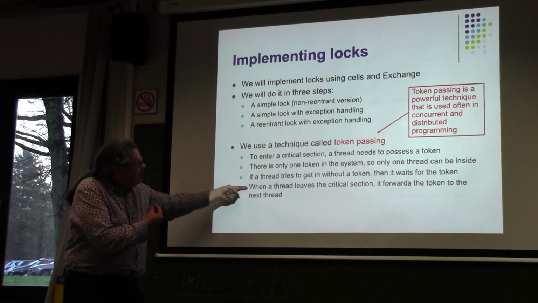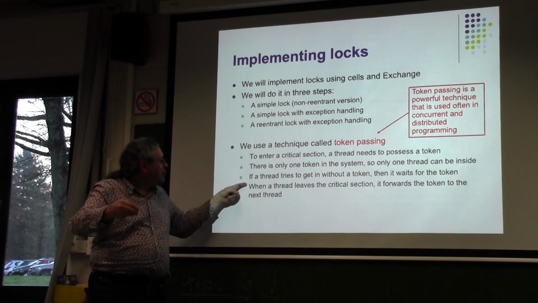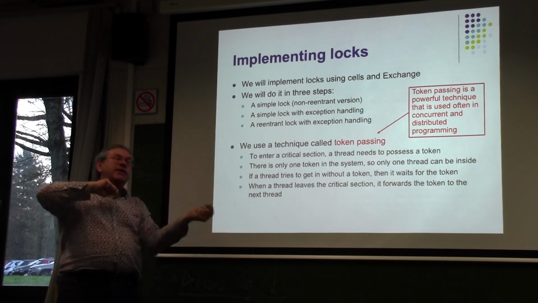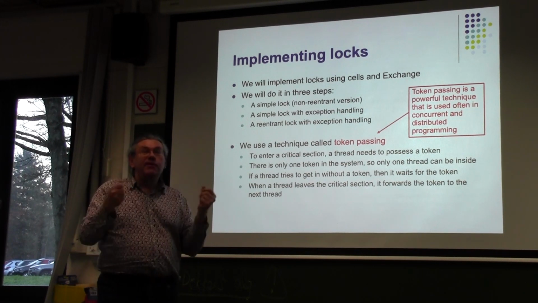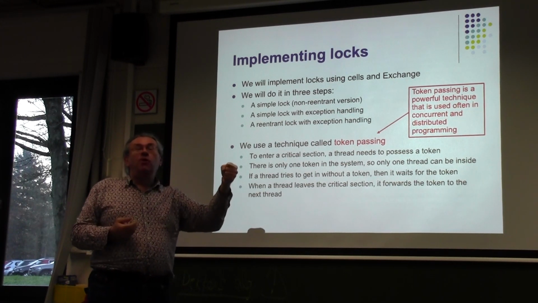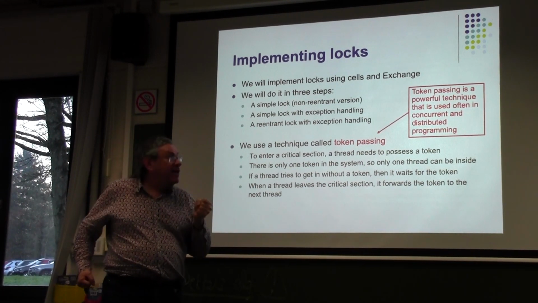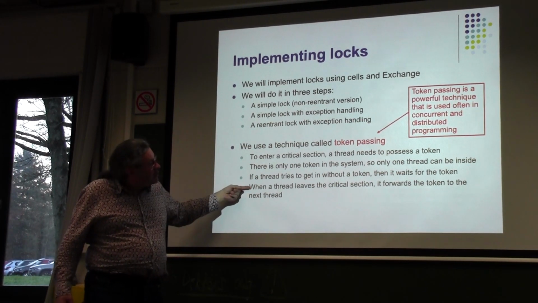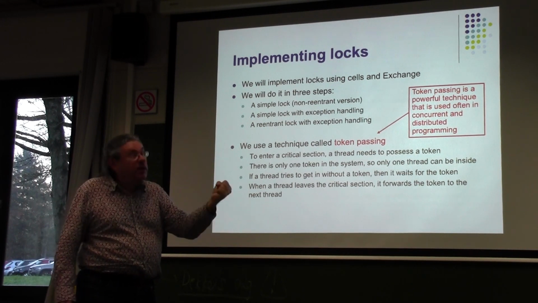And when a thread leaves the critical section, it will forward the token to the next thread that's waiting. So there's like a relay running course where you have a token, a baton, some kind of a stick, and I pass it to the next guy, and then that guy starts running. So when the thread leaves the critical section, it gives the token to the next thread waiting.